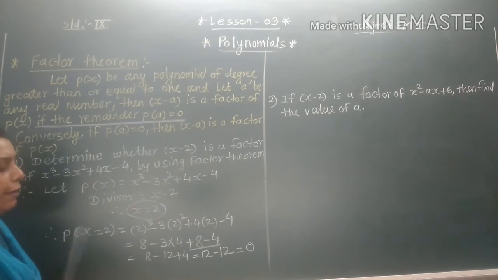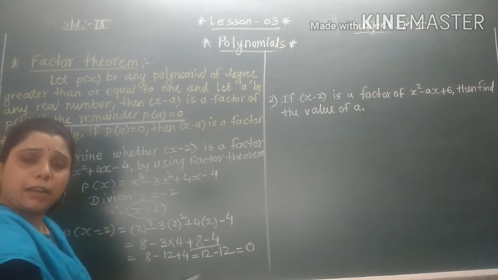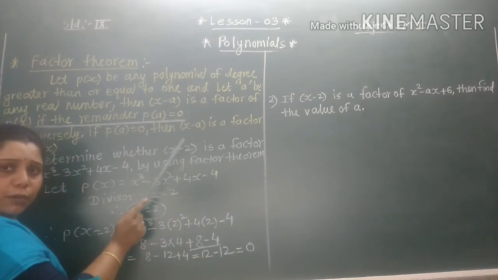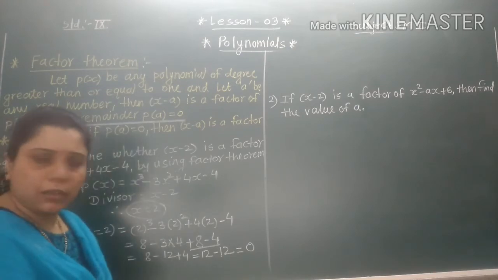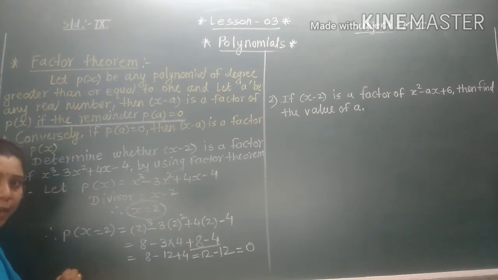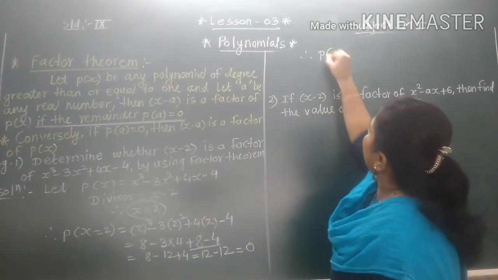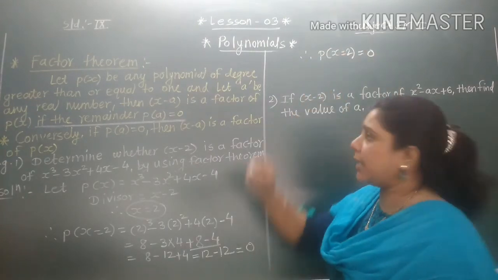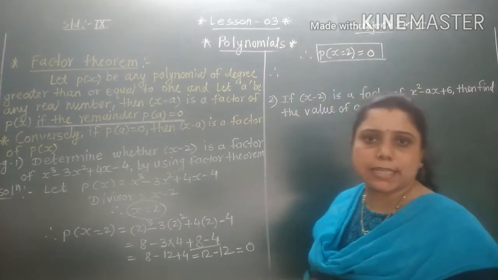Now here the value of the variable is 2, and for x equal to 2 your remainder becomes 0. So I can say that the respective divisor is a factor of the given polynomial. Therefore, P of 2 is equal to 0.